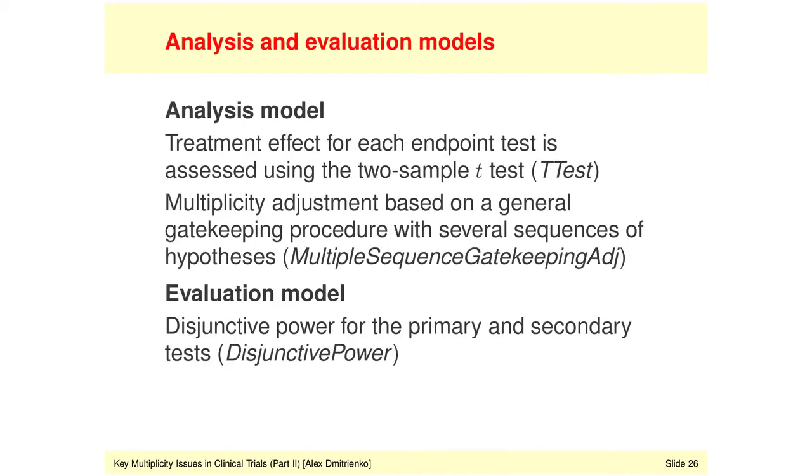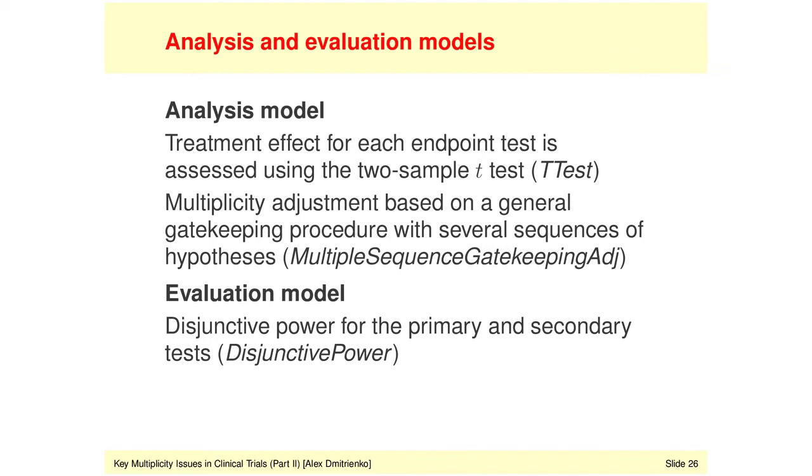The components of the analysis model are defined on this slide. We will use simple two-sample t-tests here to perform treatment effect comparisons for each endpoint. Multiplicity adjustment will be performed here based on a general gatekeeping procedure defined in Module D that assumes several sequences of hypotheses.